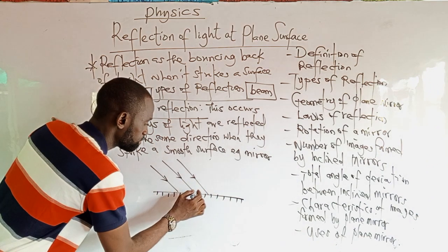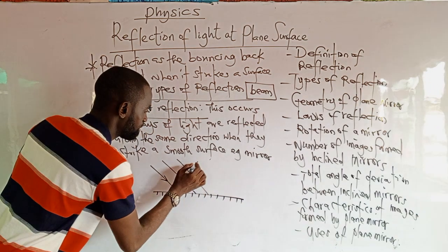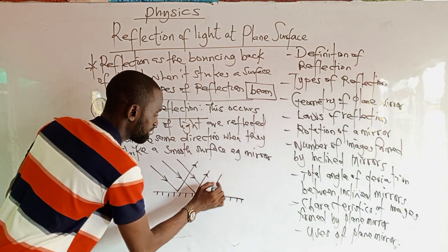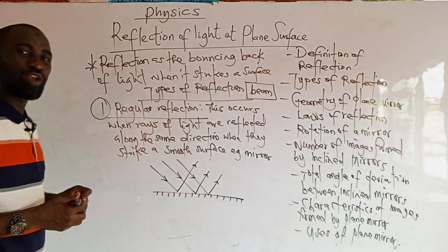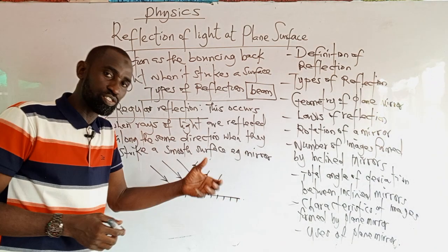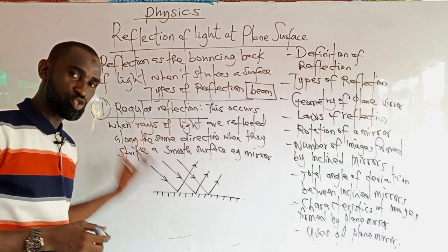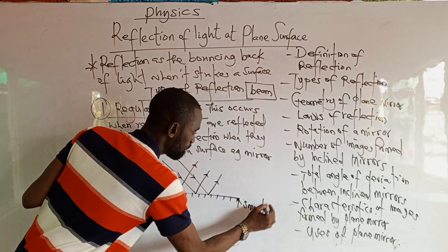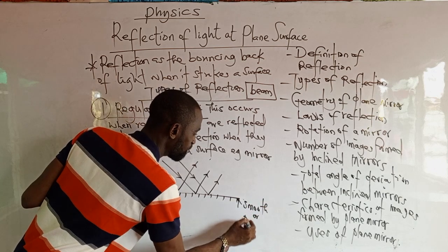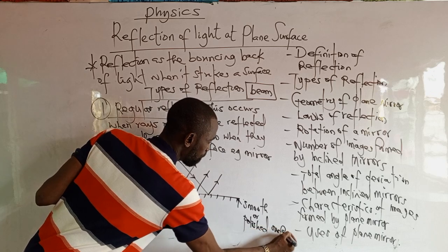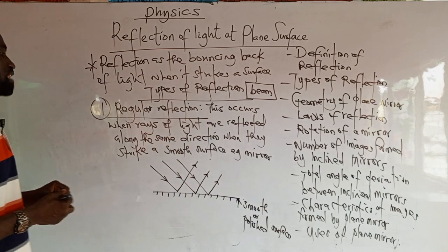So this one like this, this one like this. You see that? They are reflected along the same direction when they strike a smooth surface. So this plane must be smooth, or what we call a polished surface.